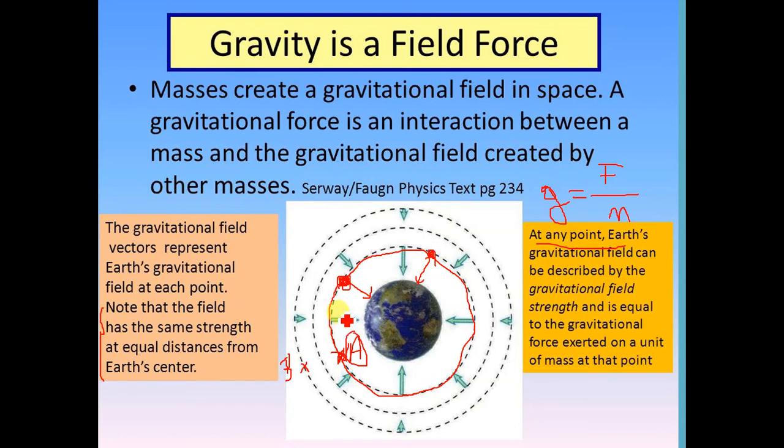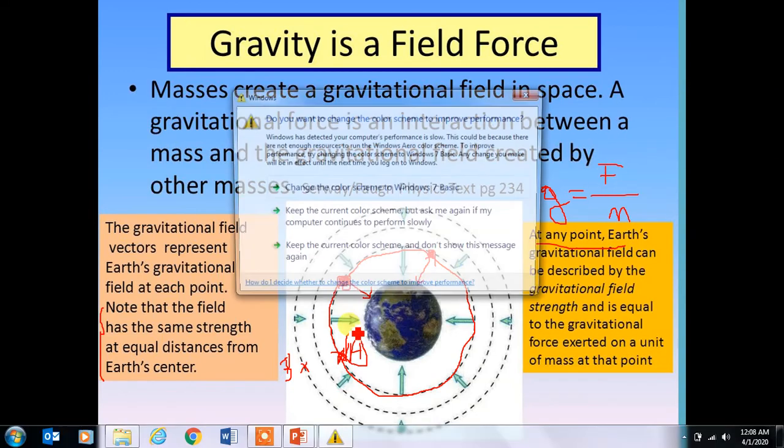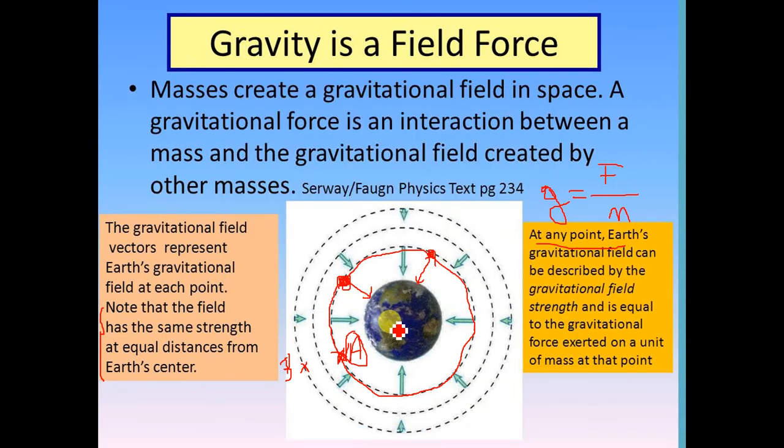So the gravitational field strength is equal to the total gravitational force exerted by the Earth on the satellite divided by the mass of the satellite. So it is equal to the gravitational force exerted on a unit mass. Why do we divide by mass? It's force per unit mass in order to get a constant g at a specific distance.